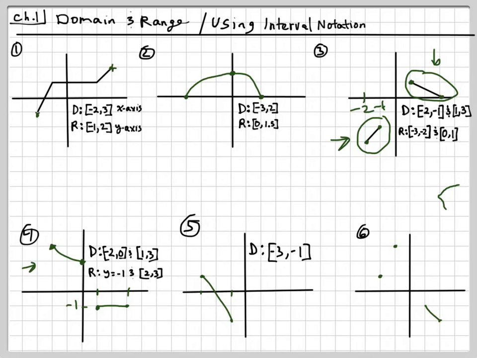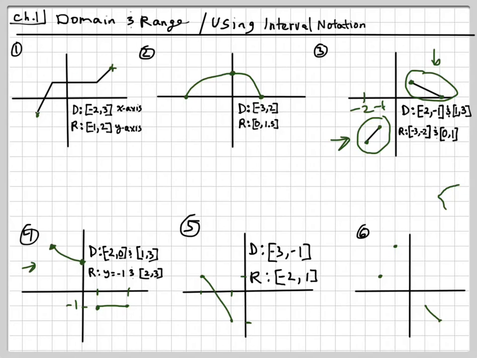The y values, to get the range, the smallest y is down here, which corresponds to y is equal to -2. And that goes to y is equal to +1. That's the biggest y value. So that is that for number 5.